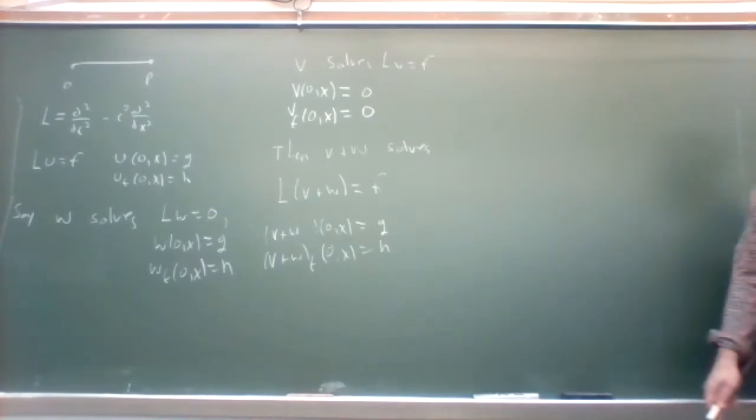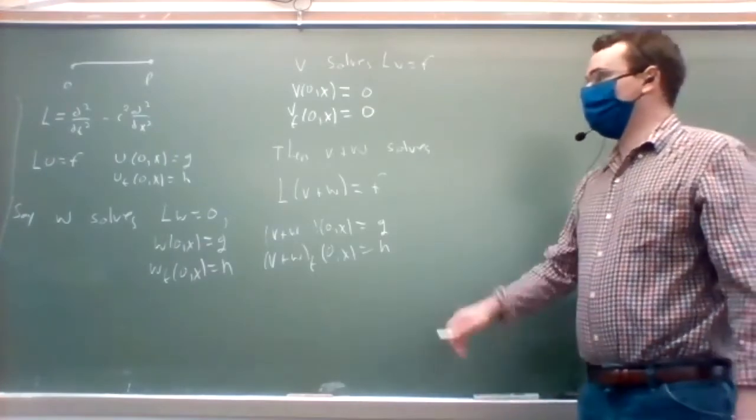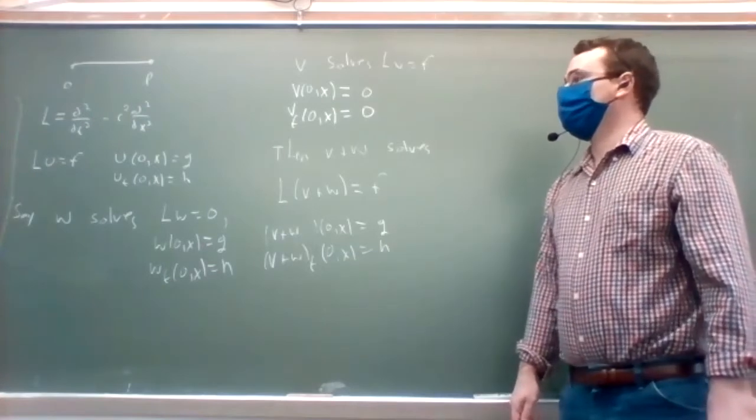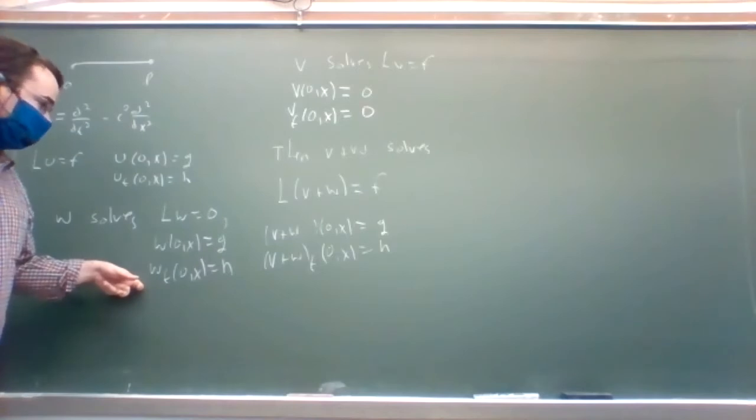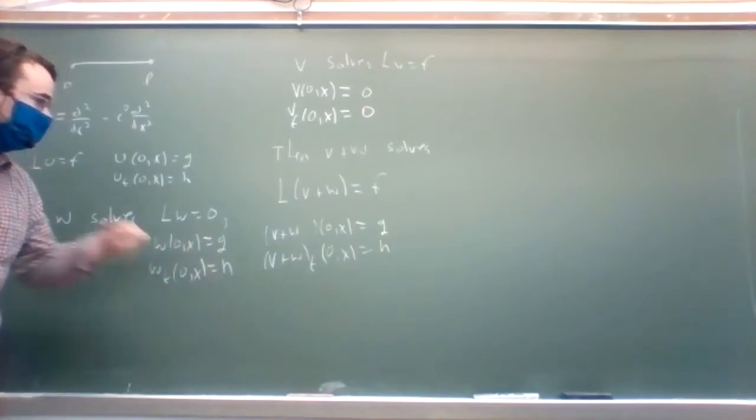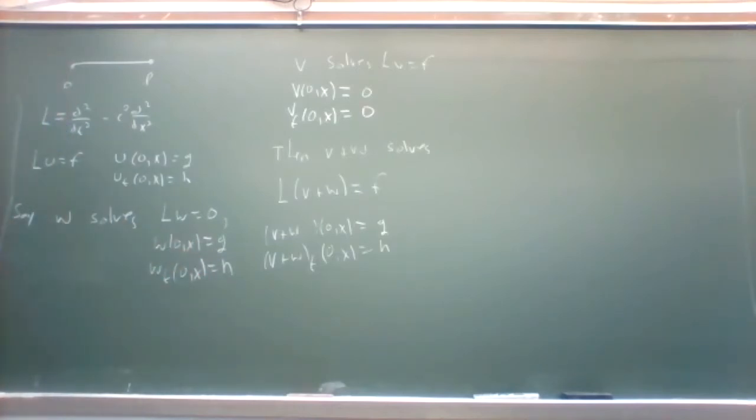So if you want to solve the general problem with general initial conditions, you go through this whole process: you look at this problem first, extend F to an odd function, and use Duhamel's principle or convolution. You'll solve this problem next, extend the initial conditions to an odd function, and use D'Alembert's theorem.